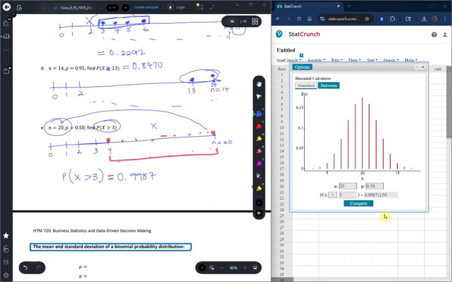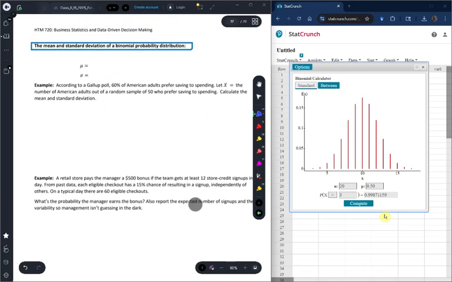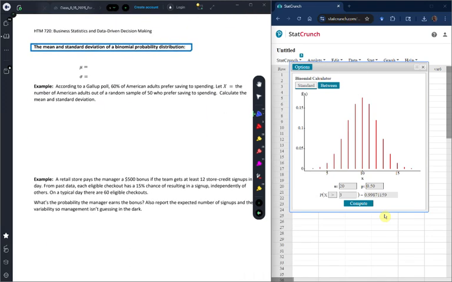Let us see another example, talking about the mean and the standard deviation of a binomial random variable. The mean of a binomial random variable is n times p, the number of trials times the probability of success in each trial.